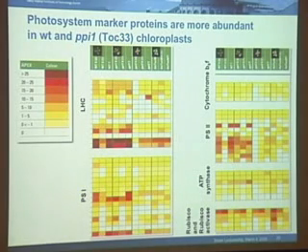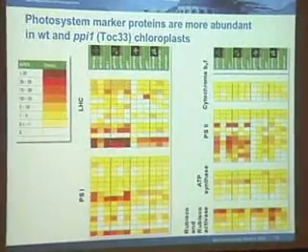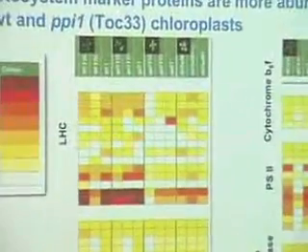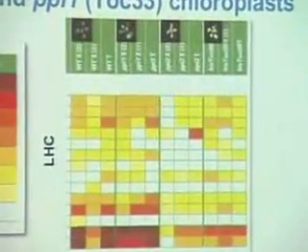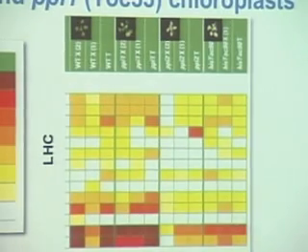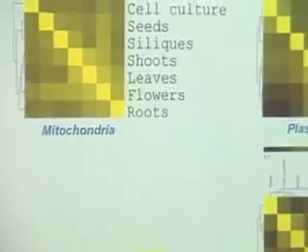But what you can also see, again, we are building a database to specifically mark these proteins. You see this here very nicely: if you look at specific photosynthetic proteins, they are clearly overrepresented in the wild type and in the PPI1 mutant, but not in the PPI2 mutant. We can show this simply by statistical analysis here, that we have depleted these proteins.